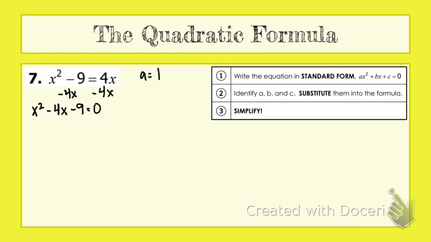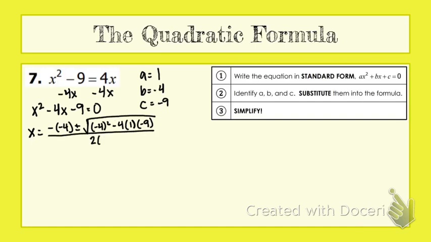A equals 1, b equals negative 4, and c equals negative 9. And then we'll substitute that in for our quadratic formula. X is equal to negative b plus or minus the square root of b squared minus 4 times a times c, all over 2 times a.